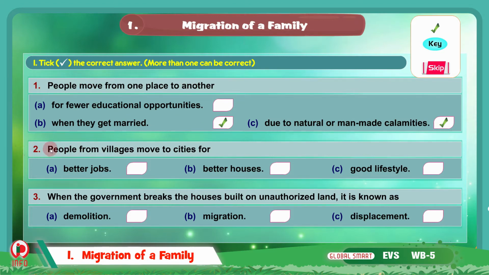Now, the second one. People from villages move to cities for A. Better jobs, B. Better houses, C. Good lifestyle. So, people from villages move to cities. Why? The answers can be yes, better jobs, better houses and also good lifestyle.